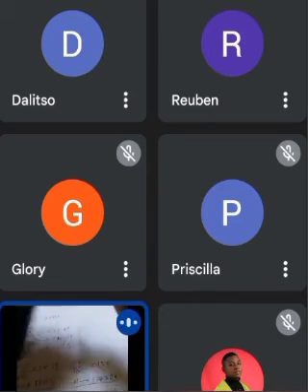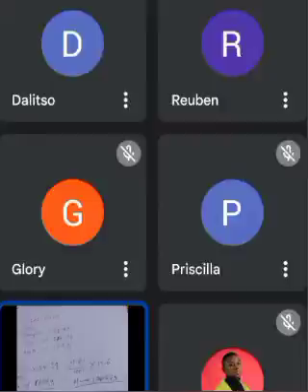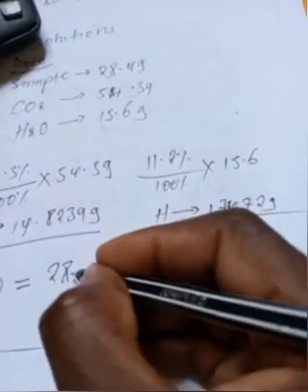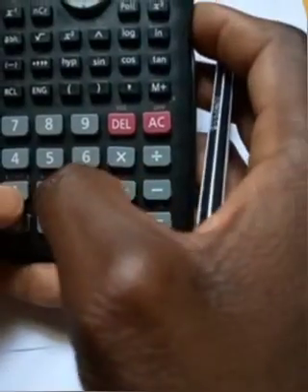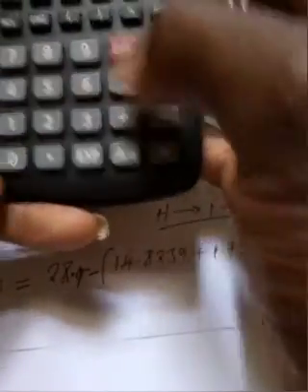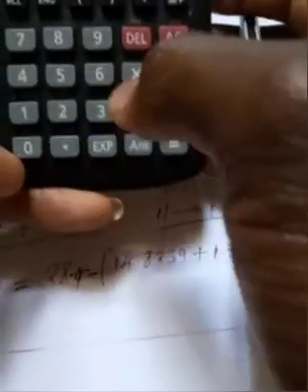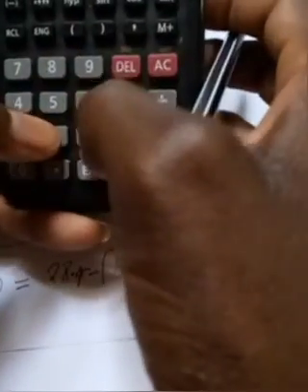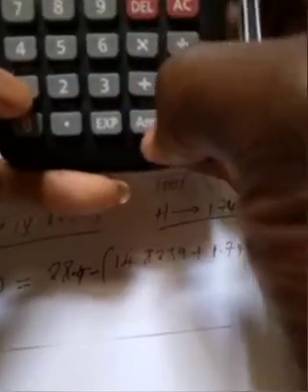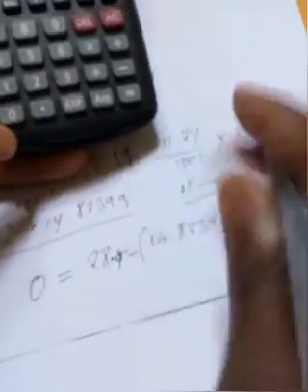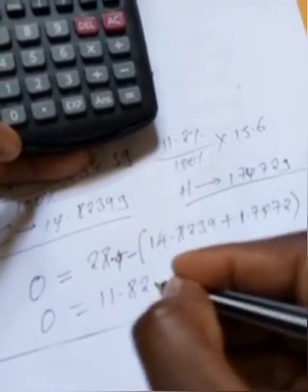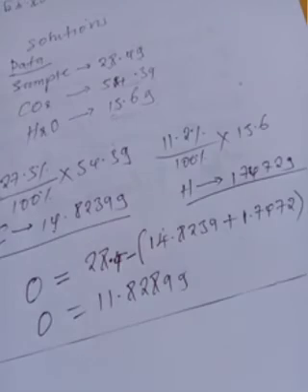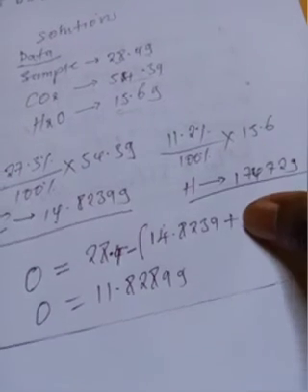Sorry, I forgot to put the 0.4. So 28.4 minus 14.8239 plus 1.7472, you close. Oxygen has been found as 11.8289 grams.